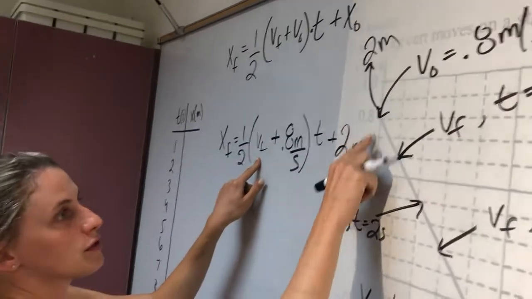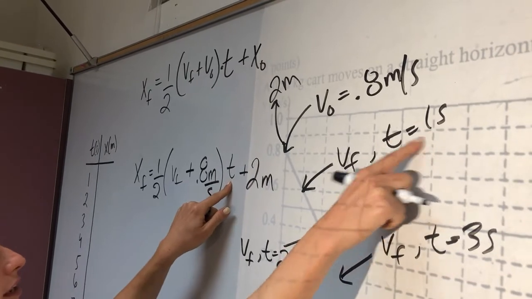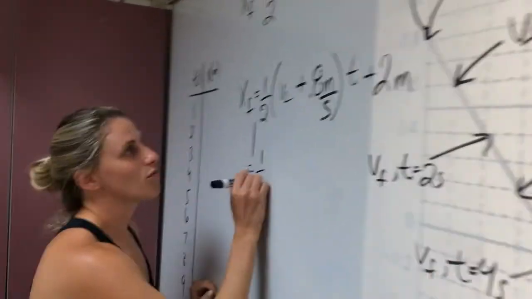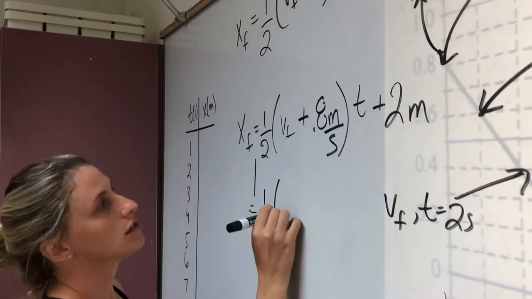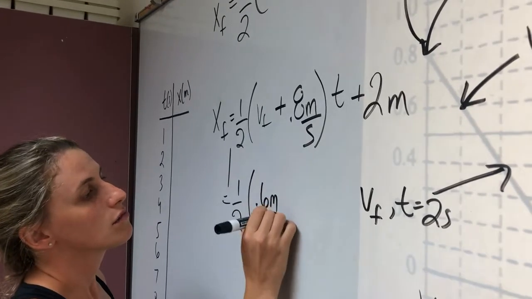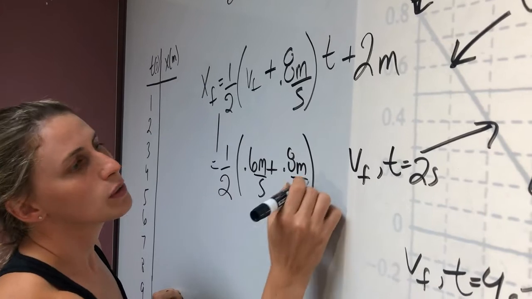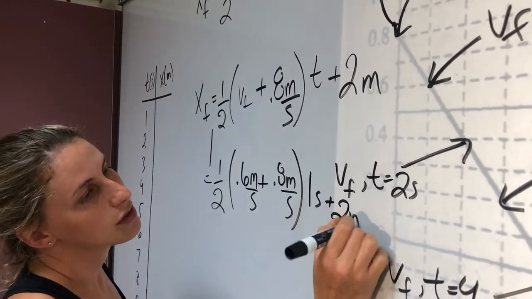So for this first second, at t equals 1, we put a 1 right here. And for our final velocity, we put 0.6. Okay, 1/2. And then we're gonna say final velocity, 0.6 meters per second plus 0.8 meters per second, I'm out of space here, times 1 second plus 2 meters.